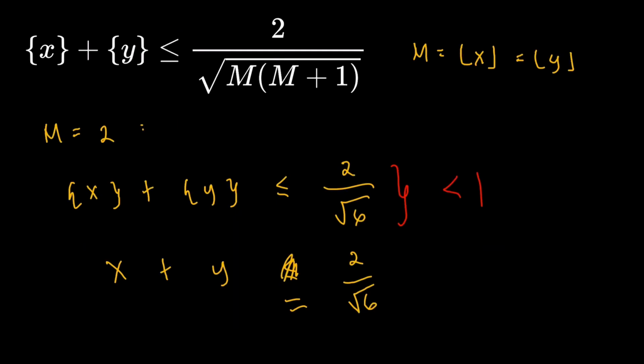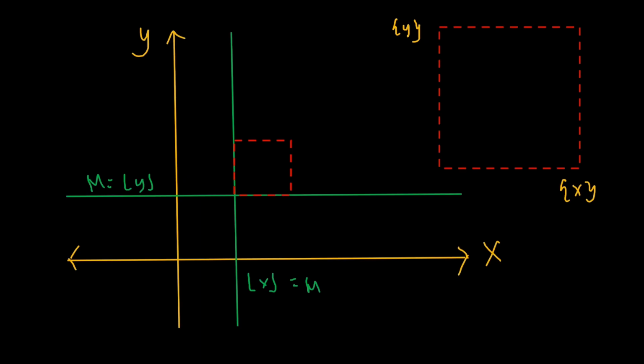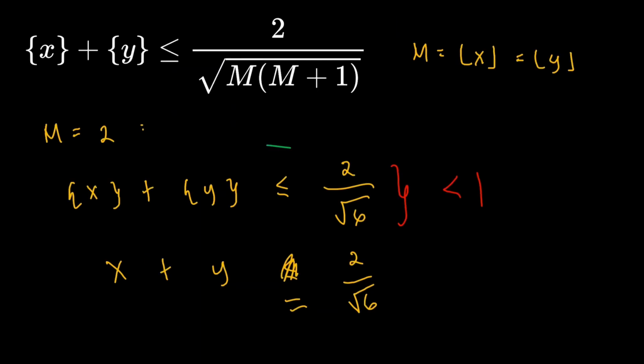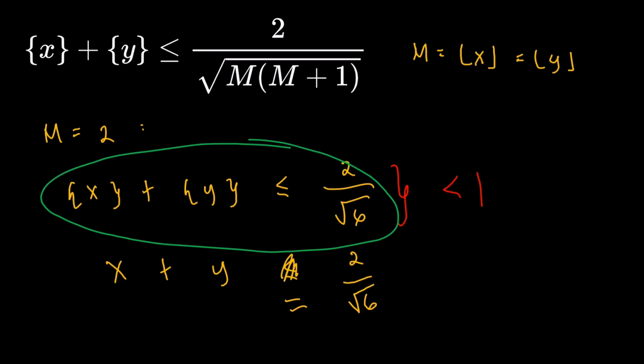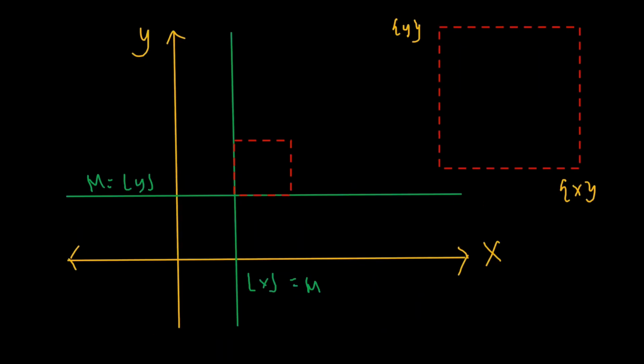And the nice thing about this thing on the right being less than 1 is that I'm going to consider the graph of this one. It's going to look like the equation of this line, and it's just going to look something like this. Because we know this thing is 1, I could just realize that it's going to cover this region.